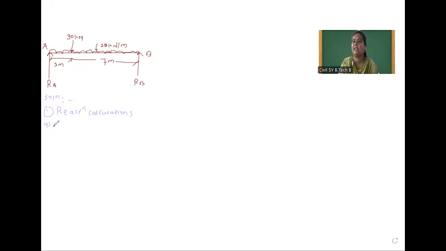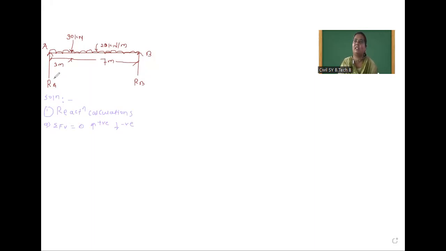The first part is the summation of vertical forces equal to 0. When we take the summation of vertical forces, we consider upward forces positive and downward forces negative.